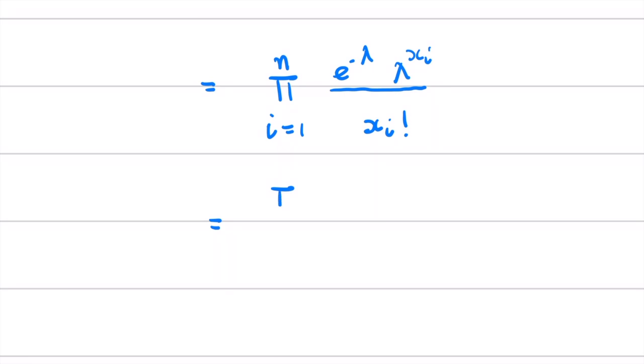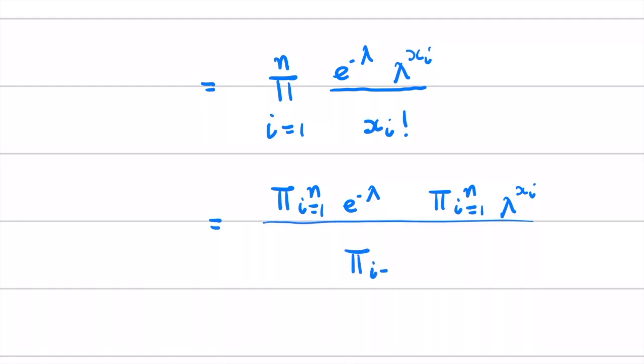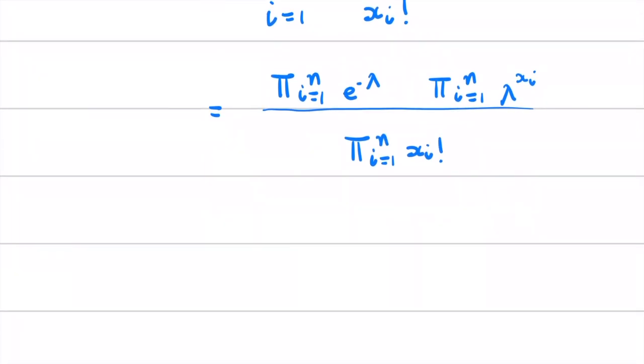So what do I mean there? We can write the product from i equals 1 to n of e to the negative lambda, times the product from i equals 1 to n of lambda to the xi, and that's all over the product from i equals 1 to n of xi factorial. Now, in this scenario, we have the product of i equals 1 to n of e to the negative lambda. There's actually no index in this expression here, so we're just multiplying it by itself n times.